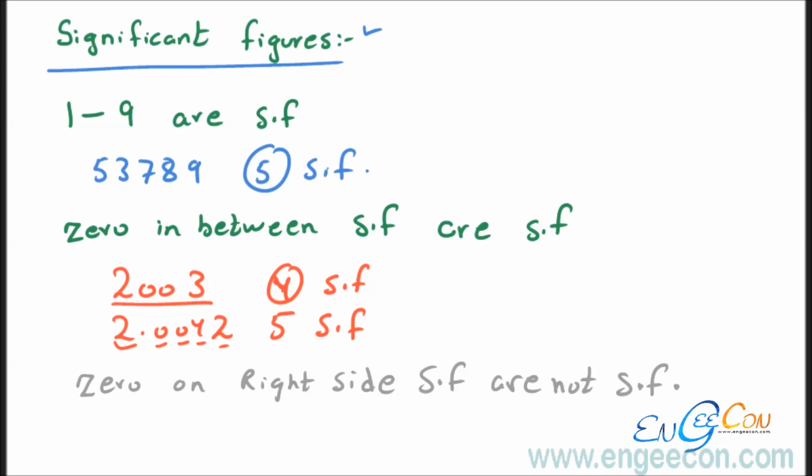For example, we have 42000, so we have only 2 significant figures. 0 on the right side of a significant figure are not significant, but when the number is written with a unit or decimal point, it is significant.